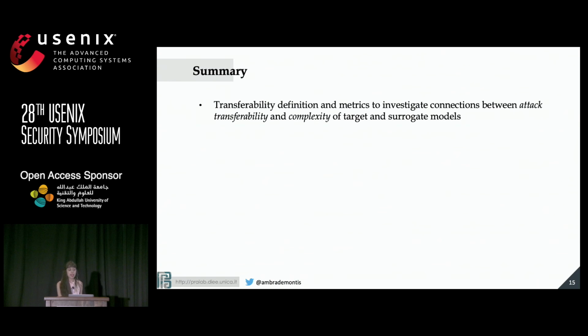So to summarize, we proposed a definition of transferability and different metrics that help to better understand how transferability works. And moreover, we studied the relationship with the complexity.